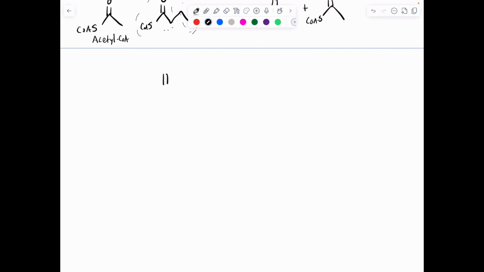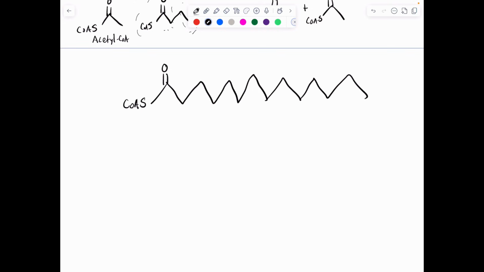It dealt with myristic acid, which, once it's activated, would look like this. It is a 14 carbon long fatty acid. So 1, 2, 3, 4, 5, 6, 7, 8, 9, 10, 11, 12, 13, 14. All right, so it's 14 carbons, and it's myristic acid.